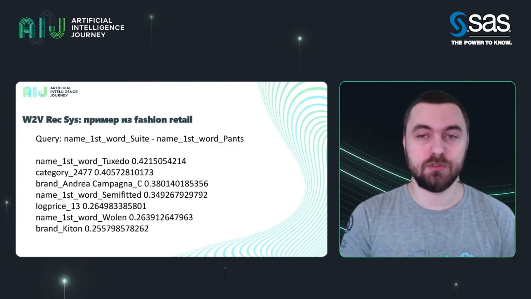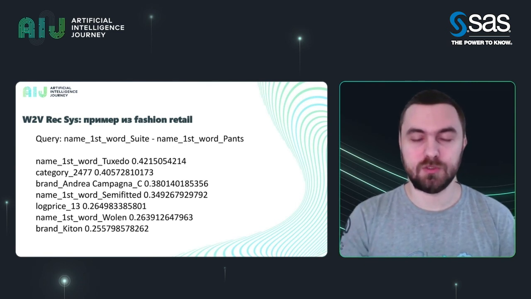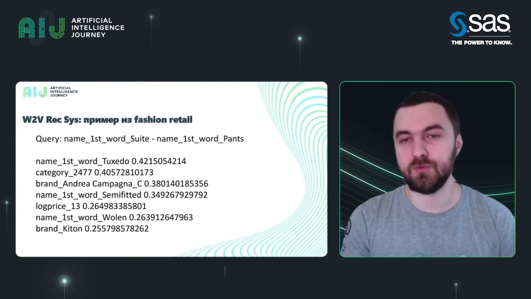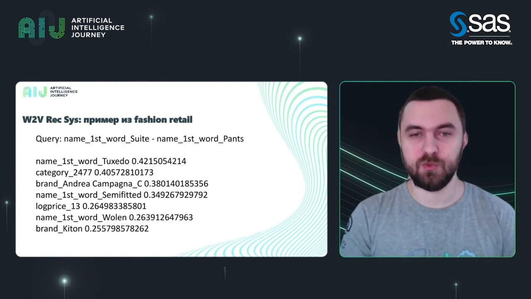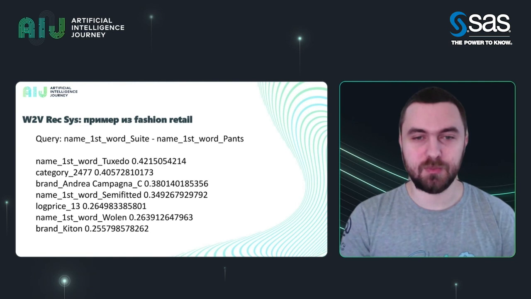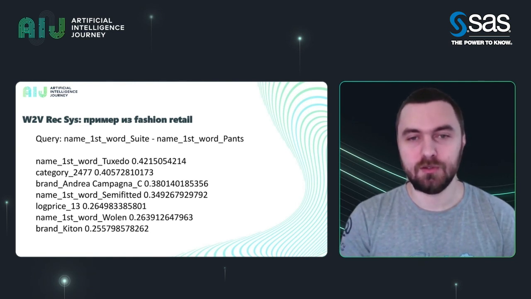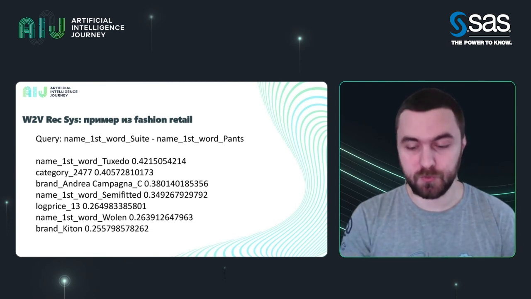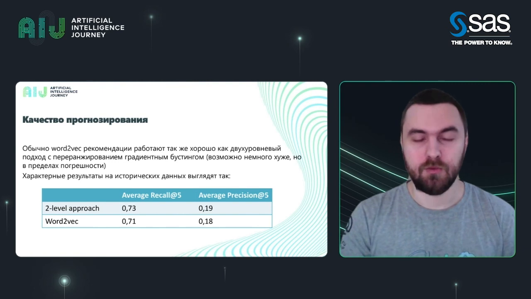You can also make another query as a sum or a division or whatever. For example, let's take a suit and remove pants from it. What do we get? Tuxedos, jackets, and some other attributes that are characteristic for them.